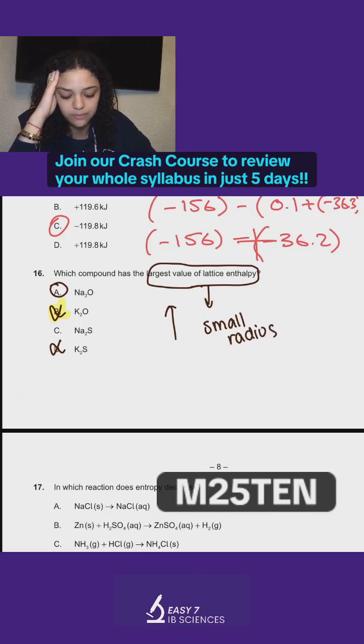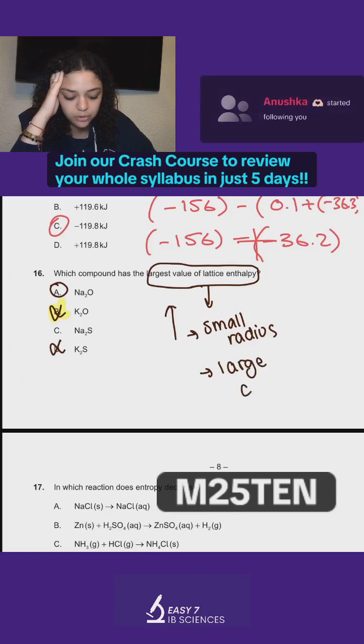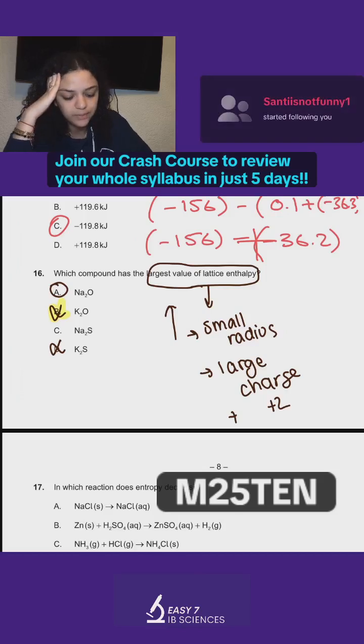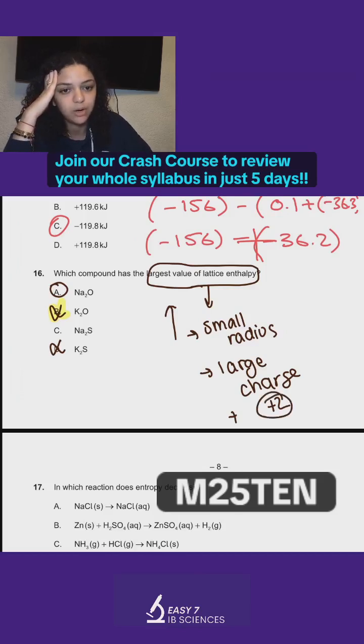What do I mean by large charge? I mean, rather than a +1 cation, it's a +2 cation. So the larger the number of the charge, the more electrons it loses, the smaller the radius is, and therefore the larger the energy it releases in terms of lattice enthalpy.